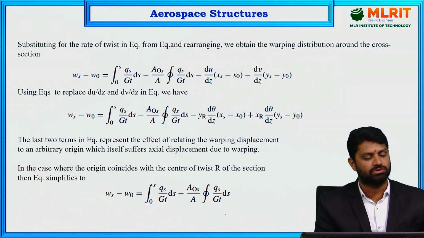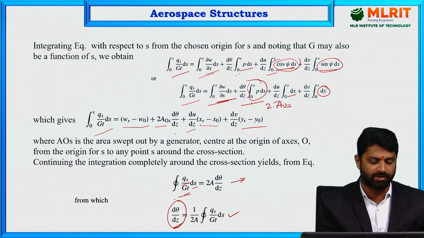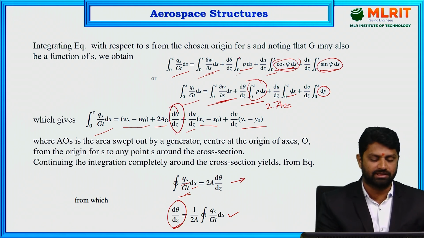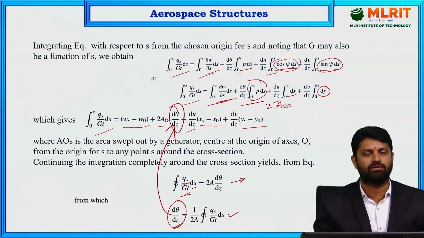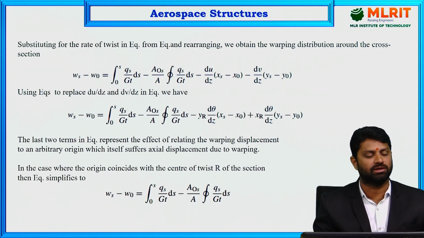Now substituting for the rate of twist, wherever we have dθ/dz, in this equation for shear flow distribution, we obtain the warping distribution Ws minus W0.